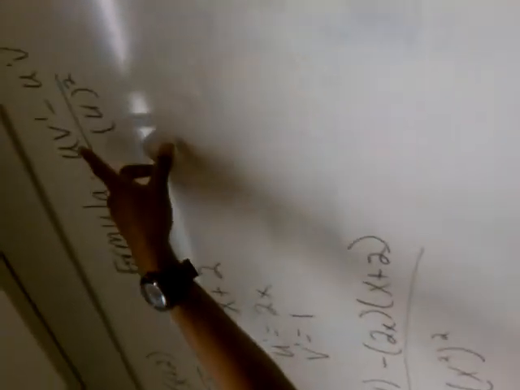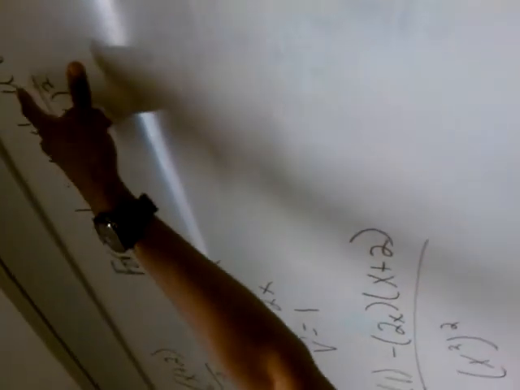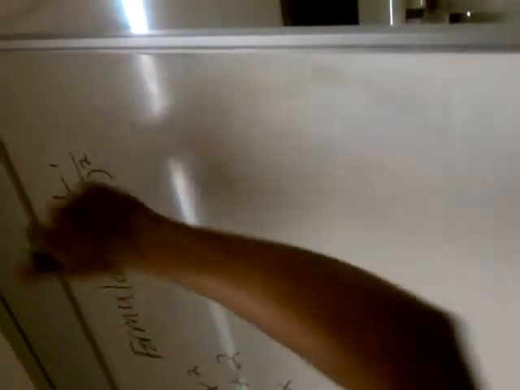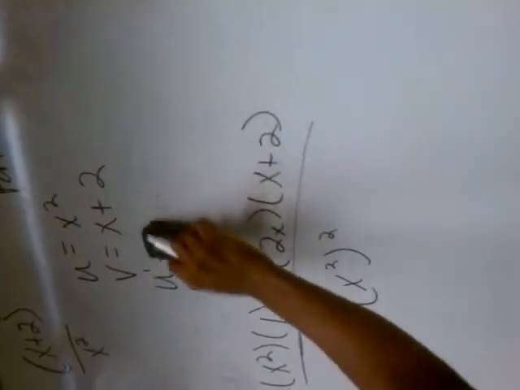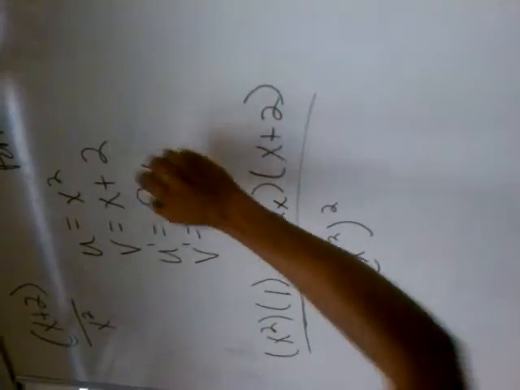We're going to use the quotient formula, which is going to be u times the derivative of z minus u times, actually, the derivative of u times z. Once we take this function, we get u equals x squared. Z is going to be x plus 2. The derivative of u is going to be 2x, and the derivative of z is going to be 1.